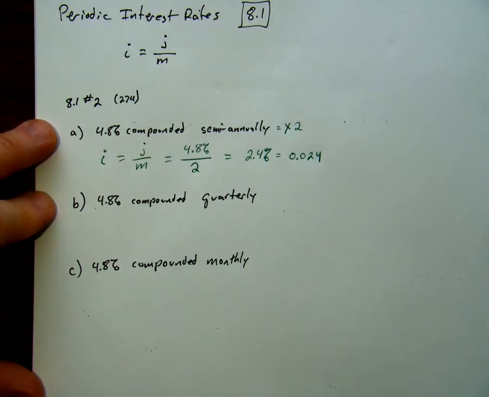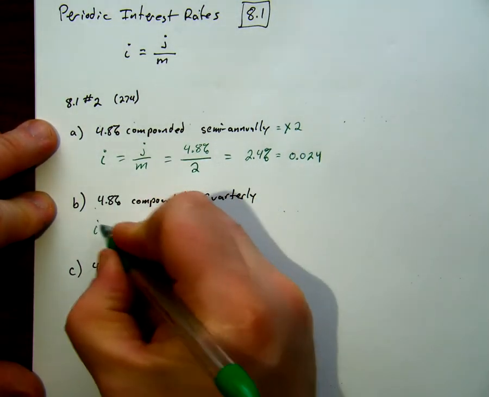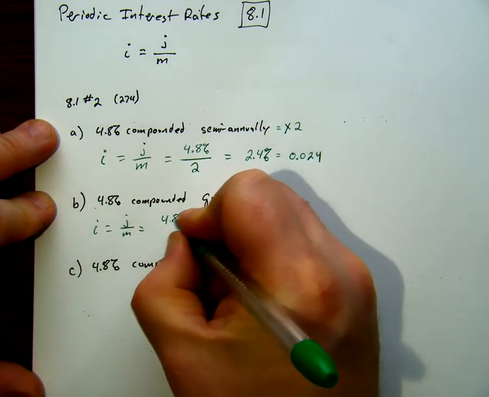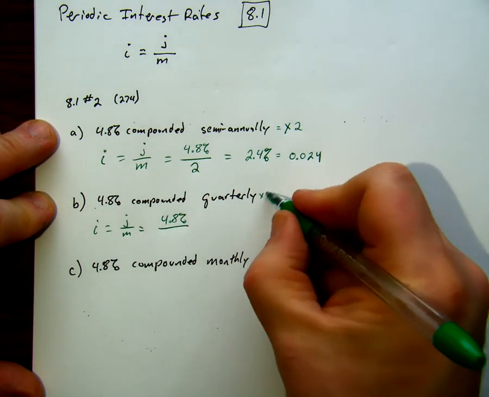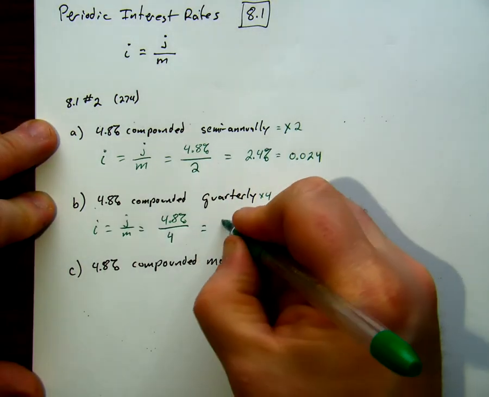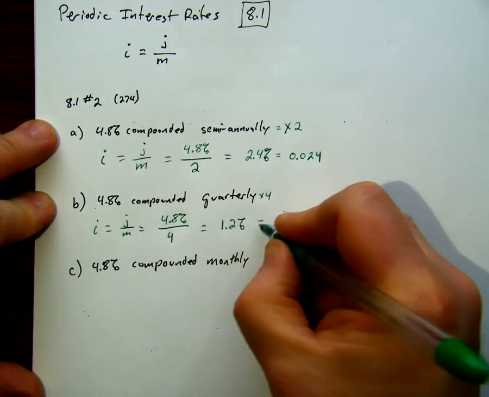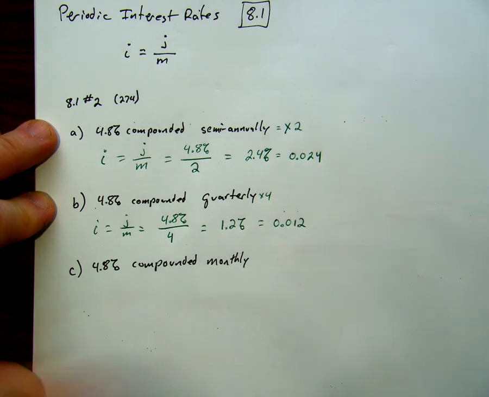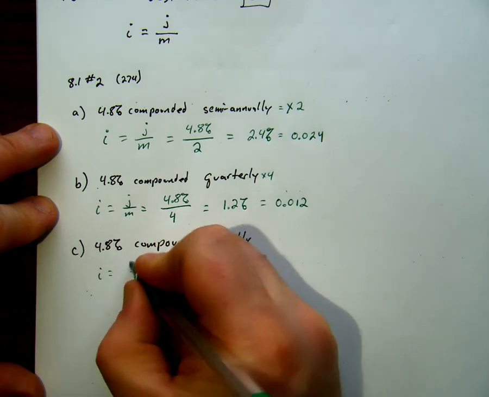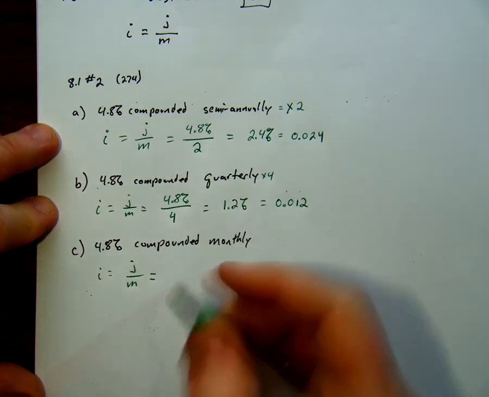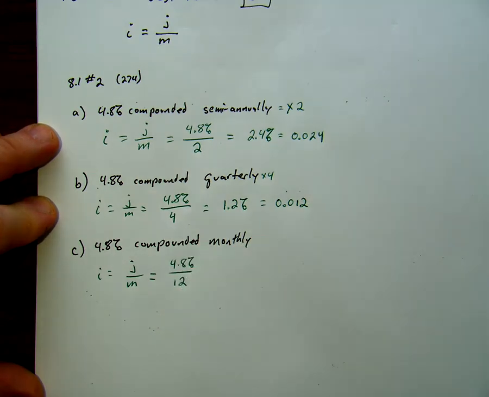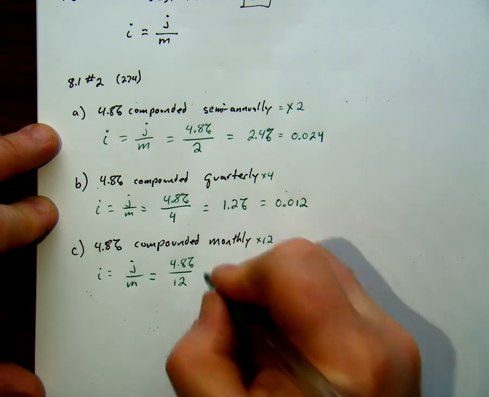Second one is 4.8% compounded quarterly. Same formula, I is equal to J over M. This is equal to our 4.8% over, well, quarterly is 4 times a year, so this would be over 4. So this would be 1.2%, which is equal to 0.012. And 4.8% compounded monthly, I is equal to J over M, which is now 4.8% over 12, because monthly is 12 times a year.